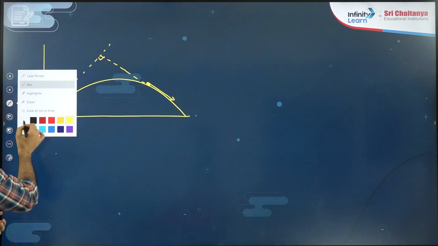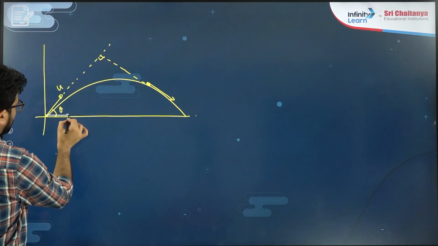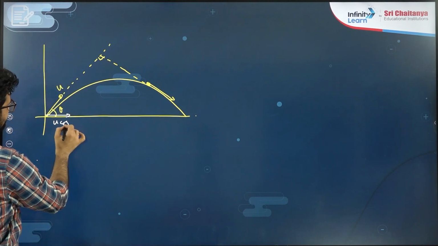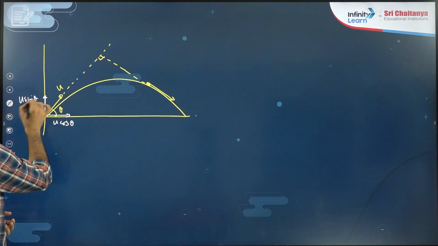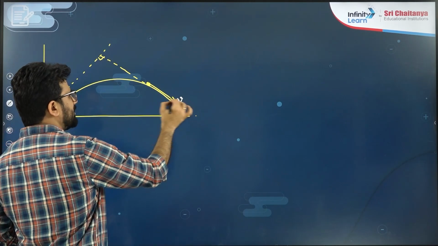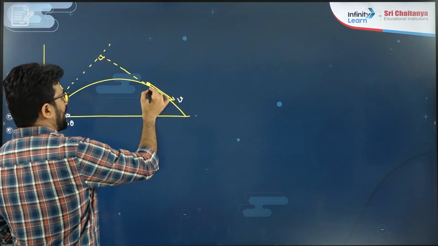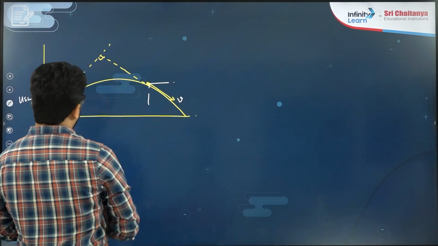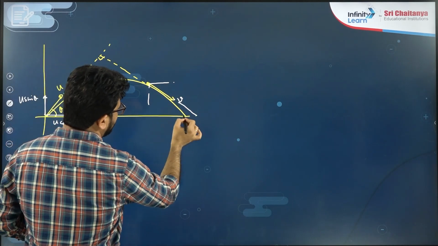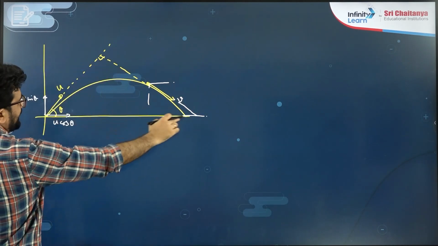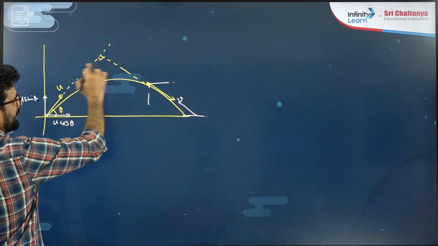Now we can write a very basic thing. You can take the components. This is u cos theta and this component would be u sin theta. Here also you can assume some velocity. This is v, we don't know, and this component also you can take, but listen carefully. If I extend this line here, this becomes a right angle triangle.